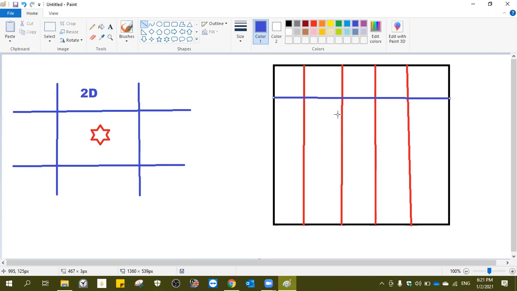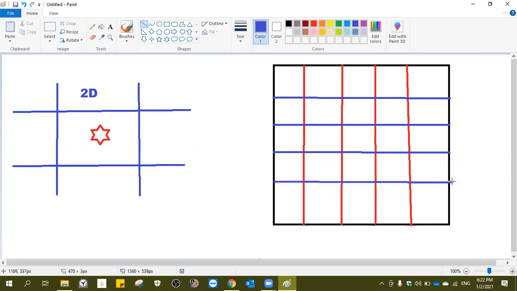The second condition is that these blue lines are parallel to each other, just like the red lines. Such a survey is known as a 3D survey. In a 3D survey, we have full control on our data set, so we can easily visualize our data set as a three-dimensional view.